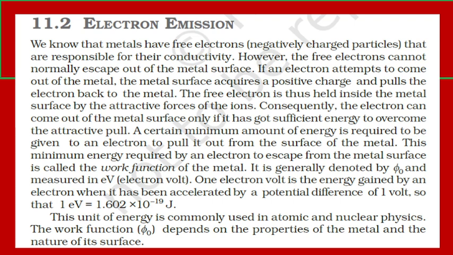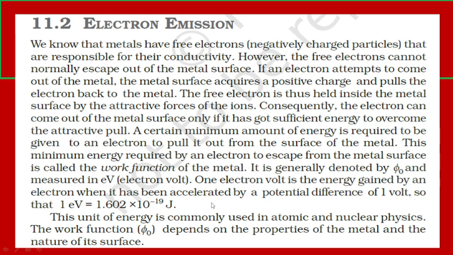The word says work function, but actually it is the minimum energy required by an electron to escape from the metal surface. It is denoted by phi 0, and measured in electron volt.